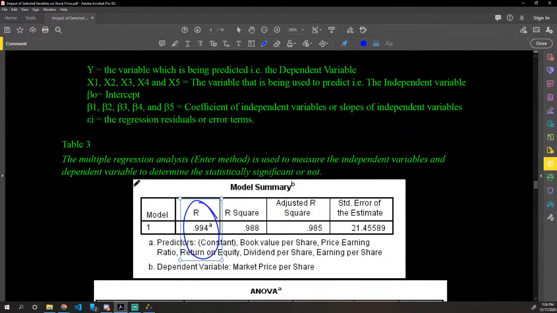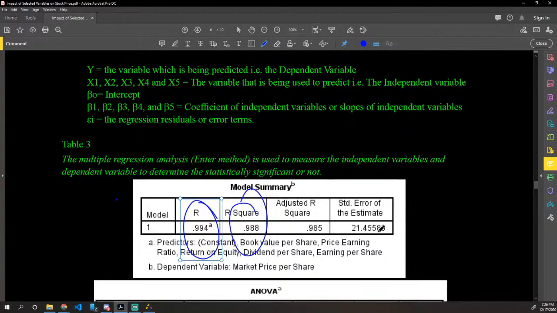So in the multiple regression analysis, the enter method is used to test the independent variables to determine whether they are statistically significant or not. So R is 0.994. R square is that, so basically it has a 98.8% ability to predict the changes, right? Adjusted R square is that.